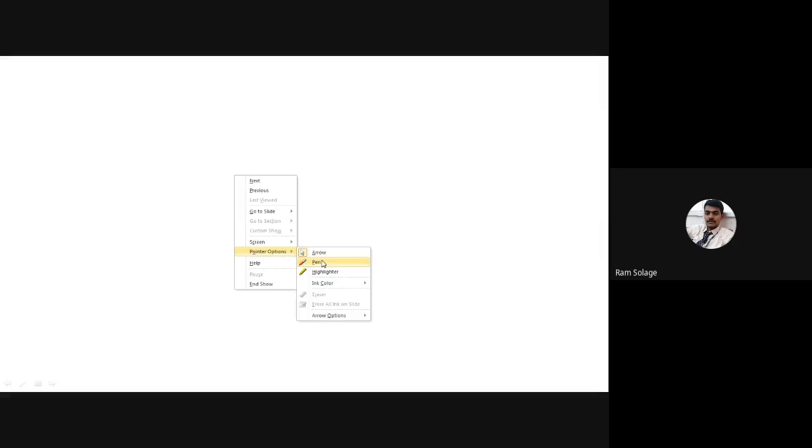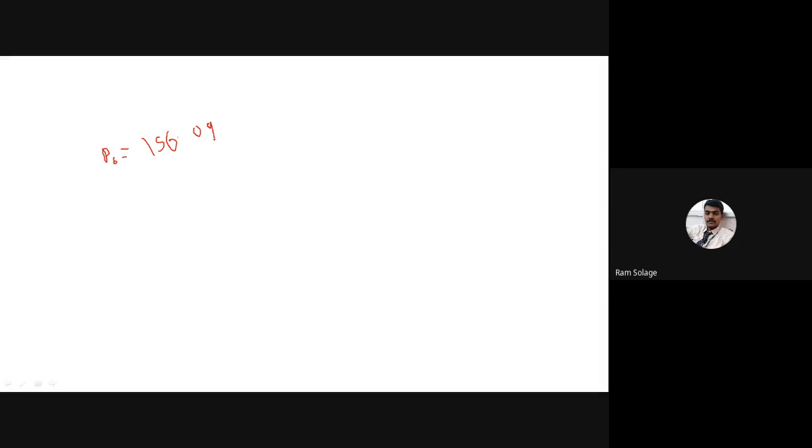आन्सर नंबर 1, that is a PS. PS means what? Load taken by steel rod. That is 156.097 kilonewton, or we can write 156.097 into 10⁻³ Newton.